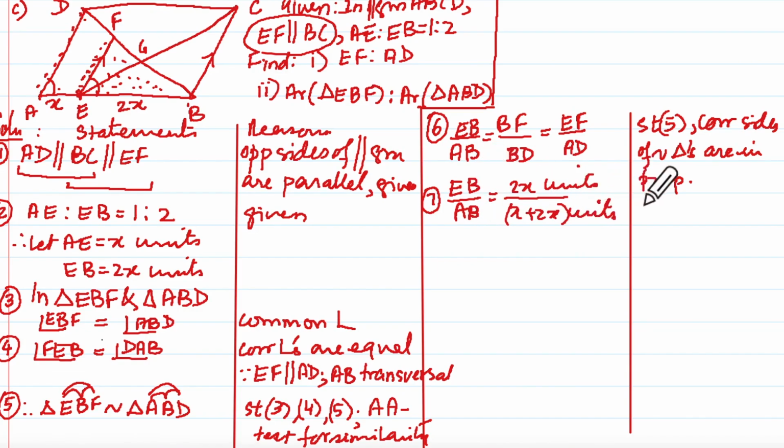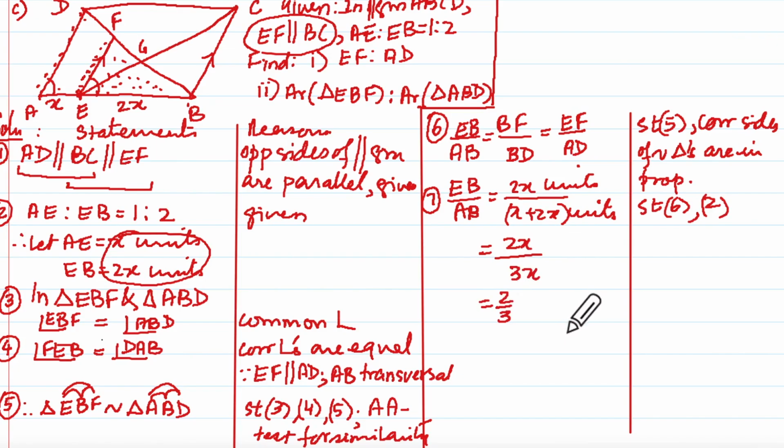How did I get this? From statement 6. And which one said 2x and x? Statement number 2. So that is equal to 2x upon 3x, which is equal to 2 upon 3. Correct?